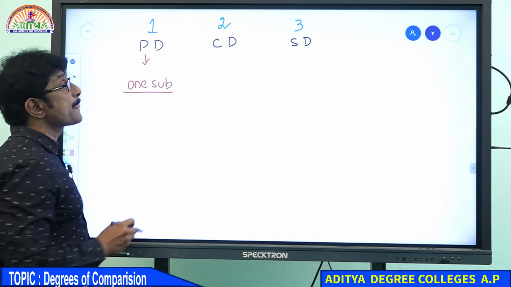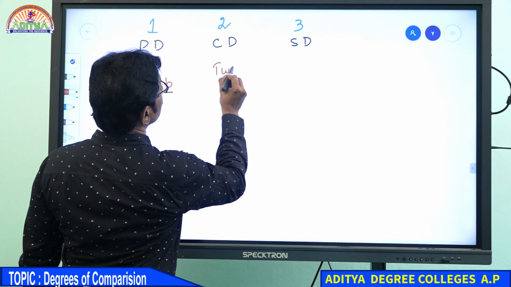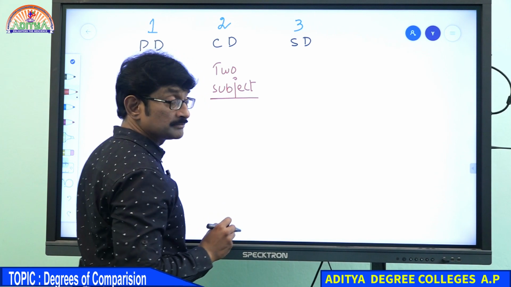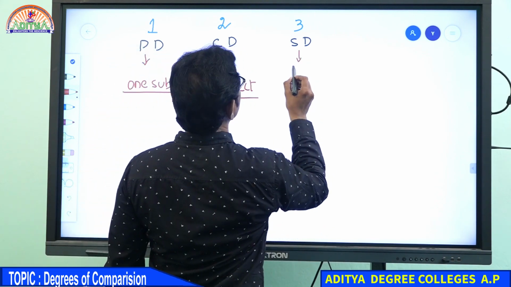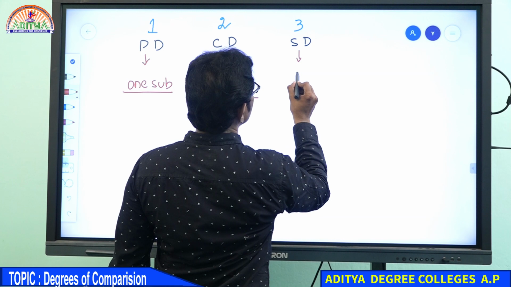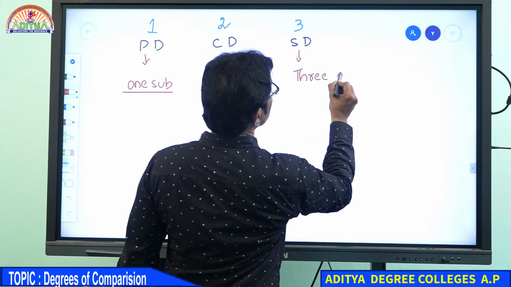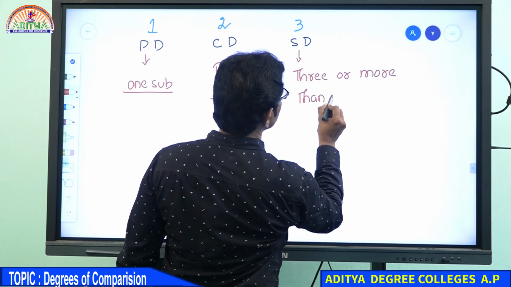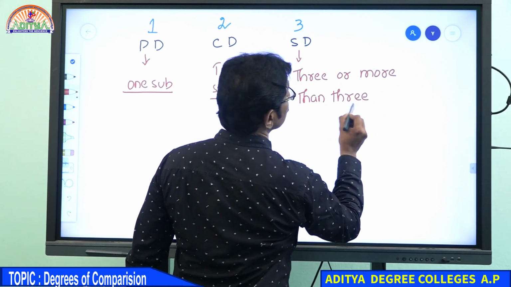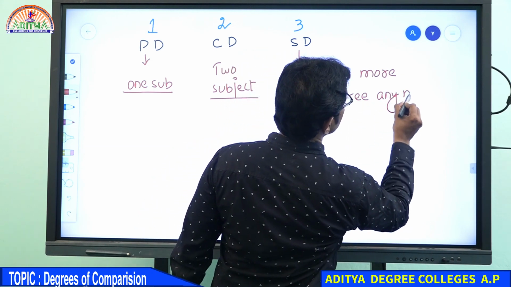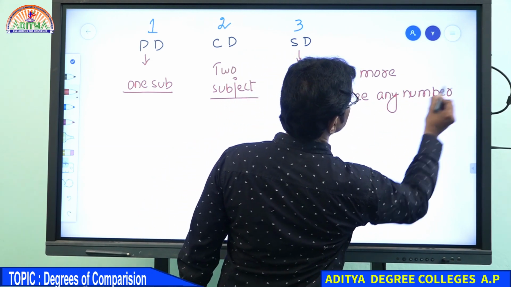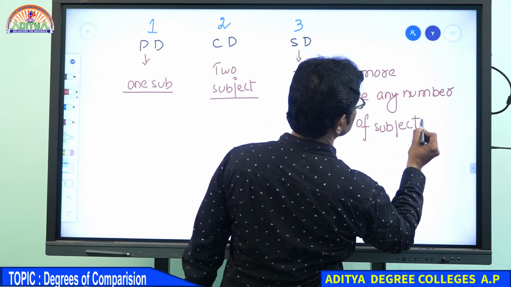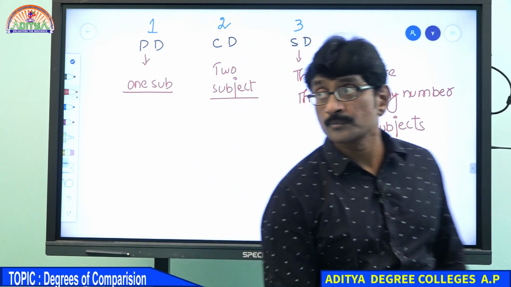Two means two subjects, that means two comparisons. Three means three or more than three subjects, any number of subjects. Like that.